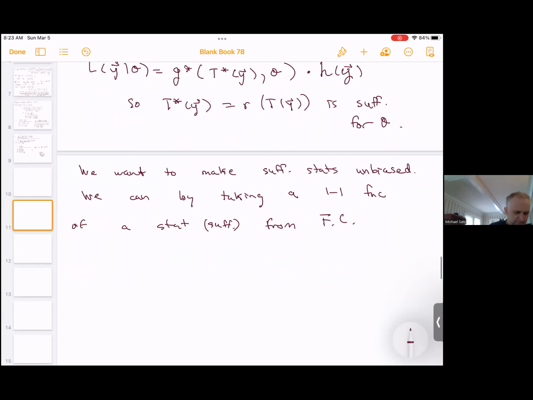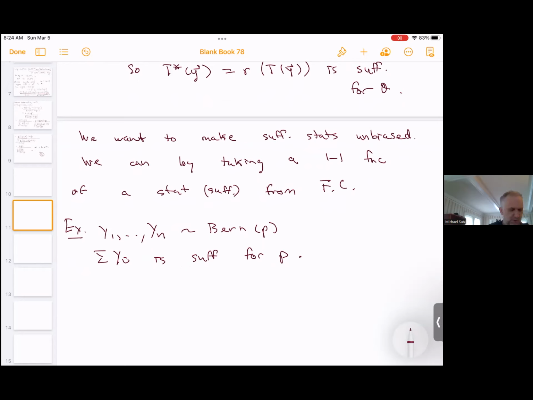Okay, so let's do an example. We'll just write out the Bernoulli one first. So suppose y1 to yn is Bernoulli P. Then we already found that the sum of yi is sufficient for P. So we want a one-to-one function of the sum of yi that will be unbiased.